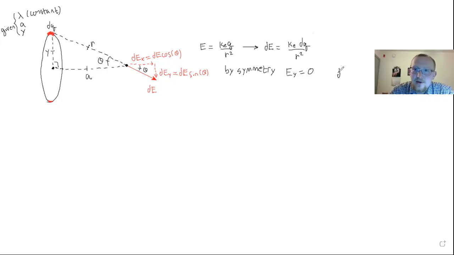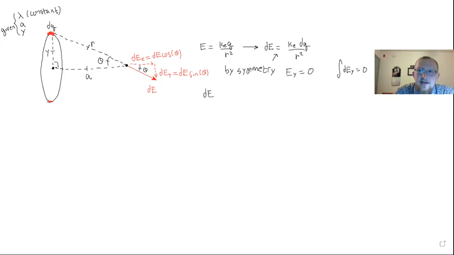So another way of saying that is that the integral of all such dE_Ys is going to be 0. So if that's the case, which it is here, then the only thing contributing to the E field at this point in space from this ring of charge is going to be the X component.